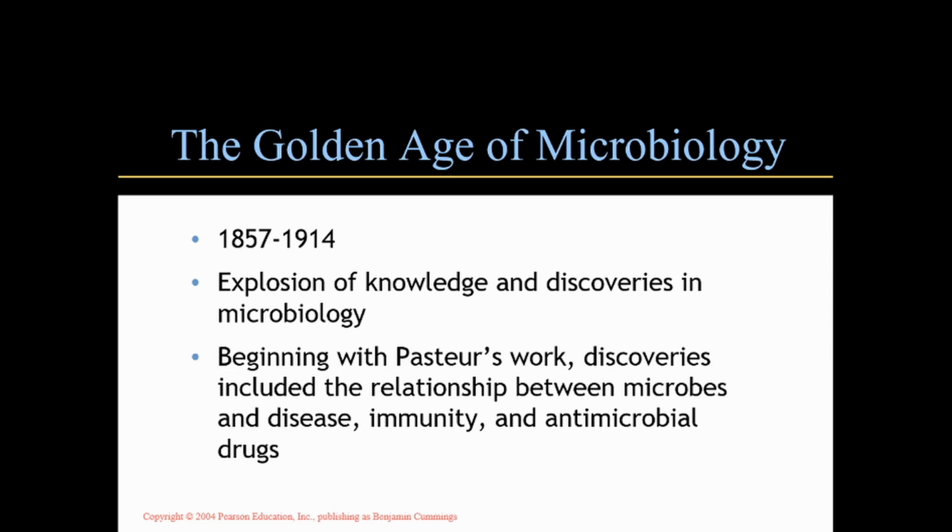We figured out that there are bacterial spores and that they require special conditions in order to kill them. We discovered the technique of autoclaving, sterilizing things with steam under pressure, and the relationship between microbes and disease and how they cause disease. It was an explosion of knowledge, and it went up until World War I.